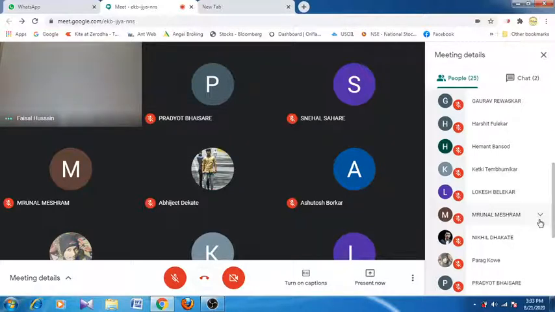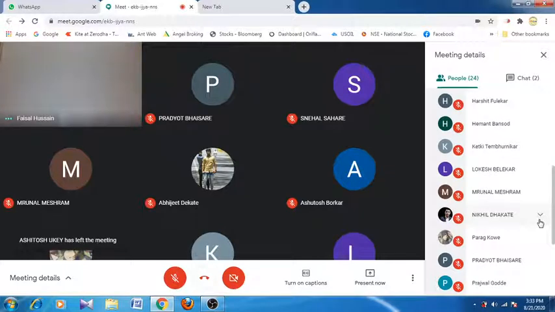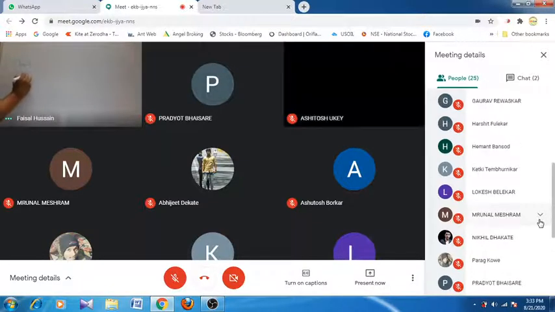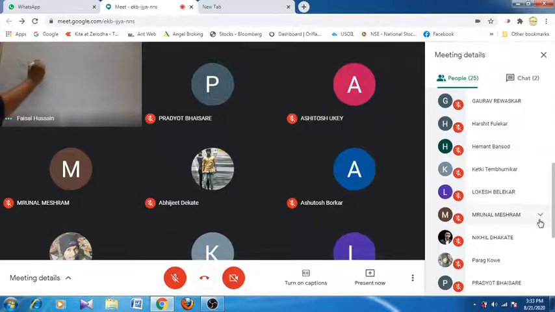Now let us see the basic concept of class 1 and class 2 mechanism.